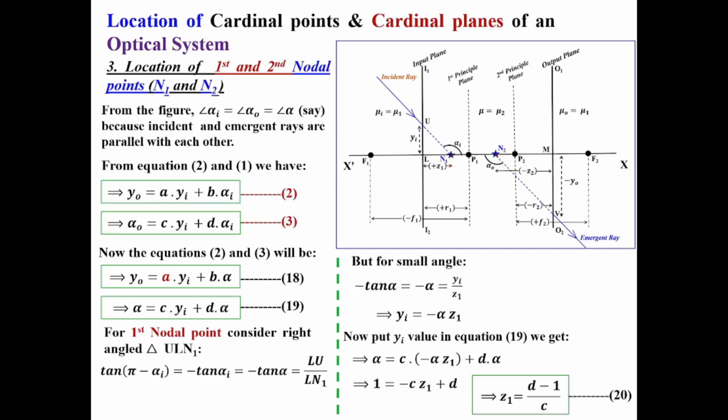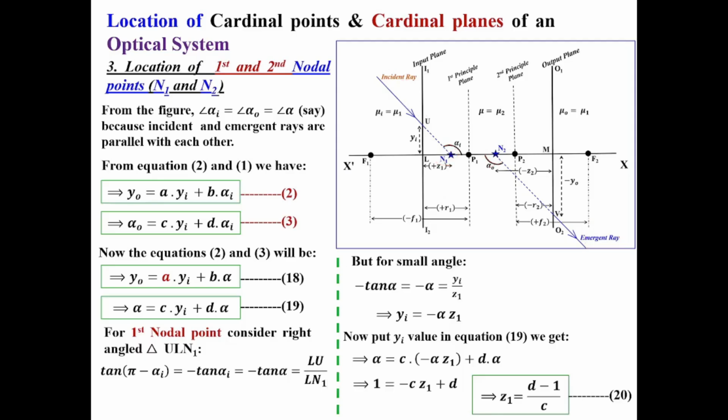According to the definition, if an incident ray passes through the first nodal point, then the emergent ray will be parallel with the incident ray, and the emergent ray seems to come out from the second nodal point. The nodal planes pass through these two nodal points. So here this is the incident ray which passes through the first nodal point, and the emergent ray seems to come out from the other nodal point parallel with the incident ray.